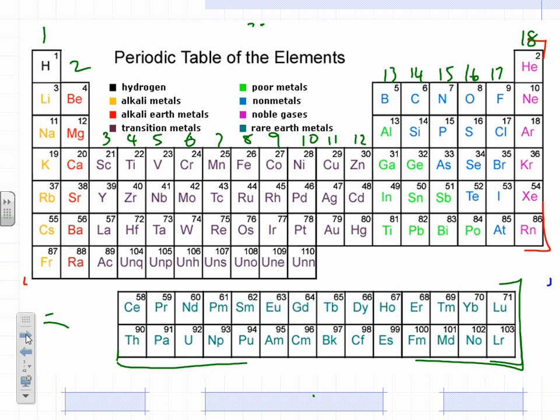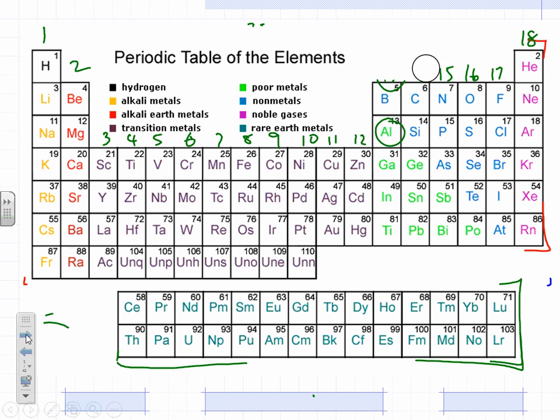So if we are asked to work out the configuration of aluminium, and we see that it's in group 13, but the 3rd row and the P block, this does not mean that it's 3p13. You've got to be very careful with that.